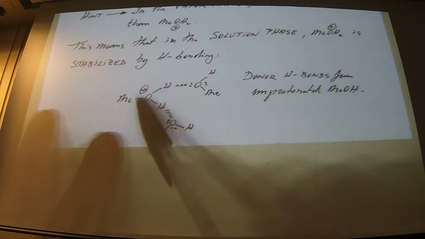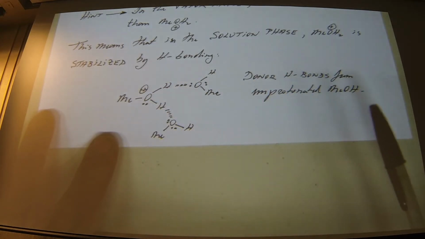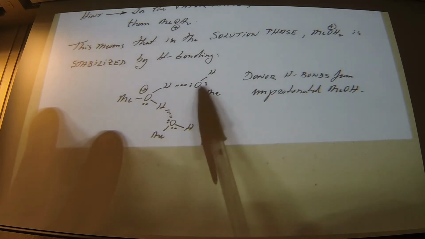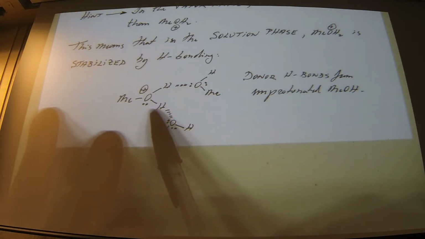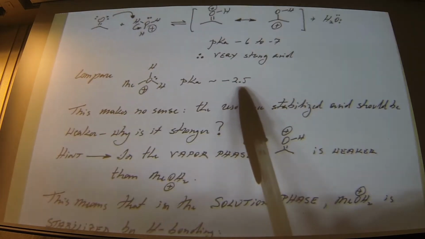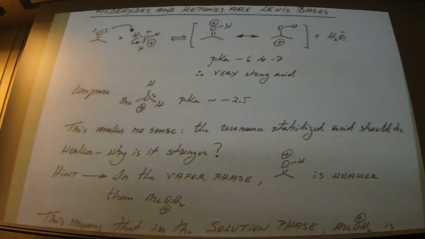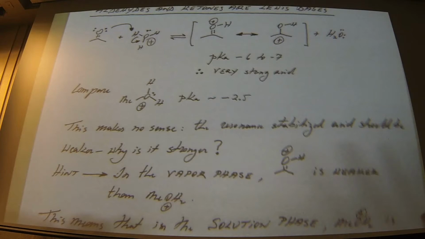So in solution, which is where we do most of our chemistry, this cation gets stabilized, and that's why this has a pKa of minus 2.5. This cannot be stabilized through hydrogen bonding, and so that's why it is a much stronger acid. If you don't think about what's going on with the solvent, then this doesn't really make sense. No? Okay.